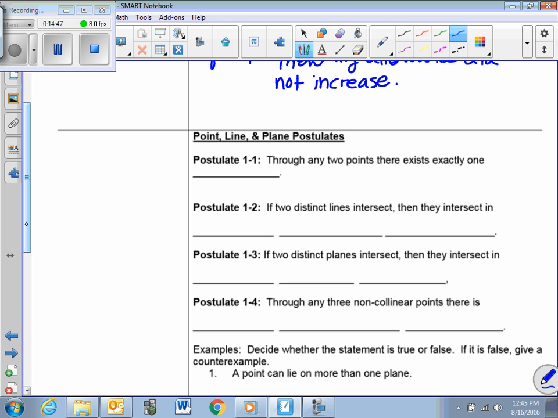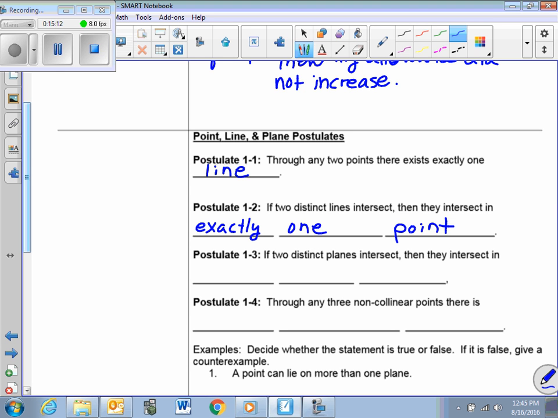Okay, let's go here so we can do some examples with our postulates that we learned in Unit 1. Through any 2 points, there exists exactly one line, right? If 2 distinct lines intersect, then they intersect in exactly, this is review, 1 point.